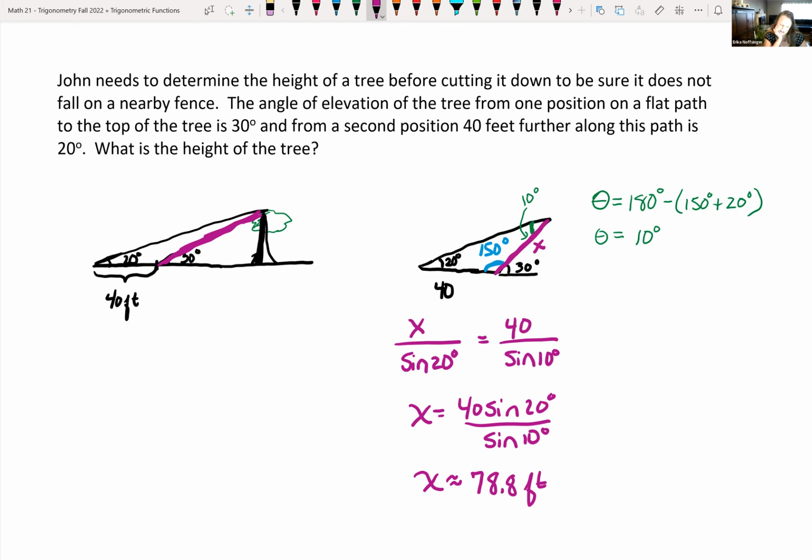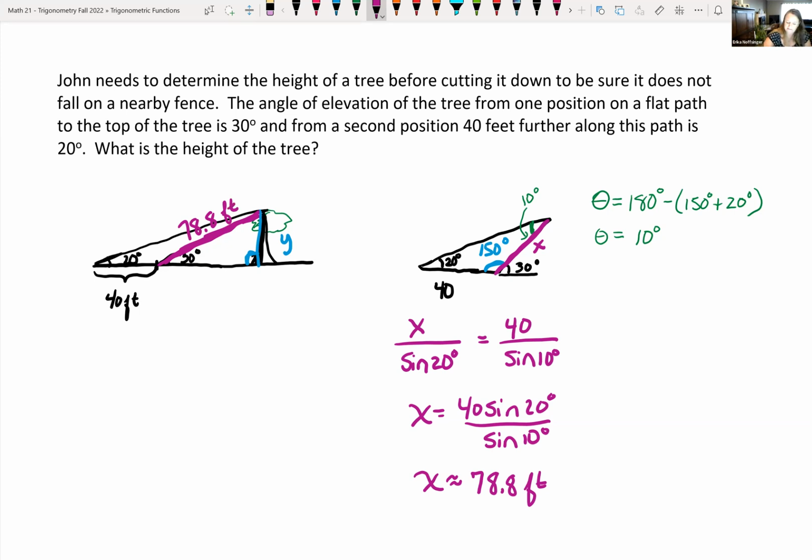If we could assume that's a right triangle, then we would know what we're trying to find, which is y. It does say that it's a flat path. So maybe we can just say that this is a right triangle, and we're trying to find y. Now we know what the hypotenuse is, which is 78.8 feet.